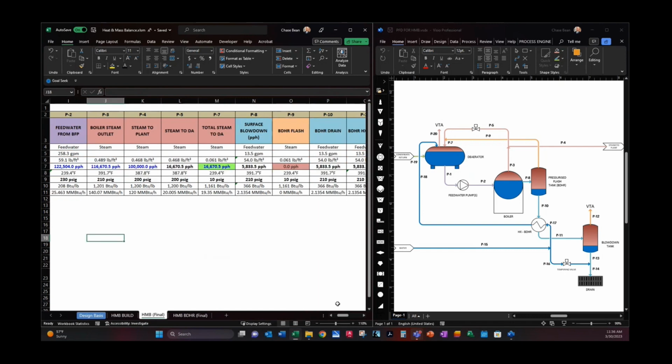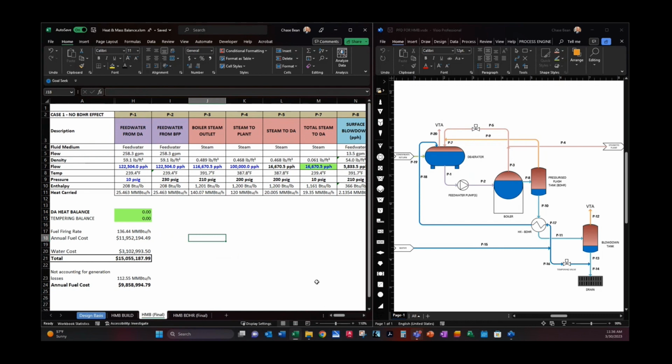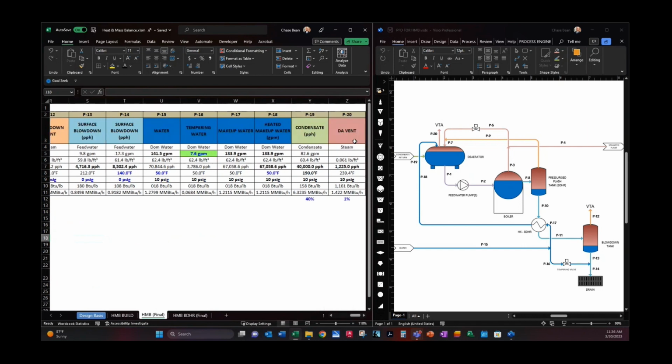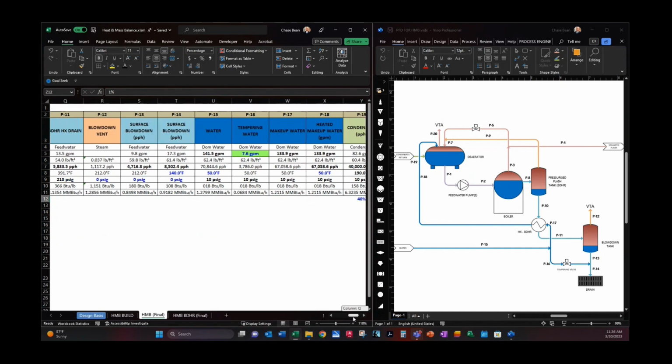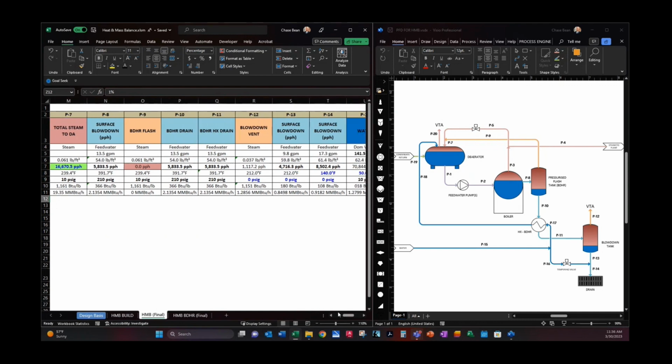So here it is. It's all developed. We have the templates hidden, and then all of the flow points are built out. Our condensate return here is 40%. That's calculated here. DA vent rate, 1%. And everything is calculated with blue fields as hard inputs.